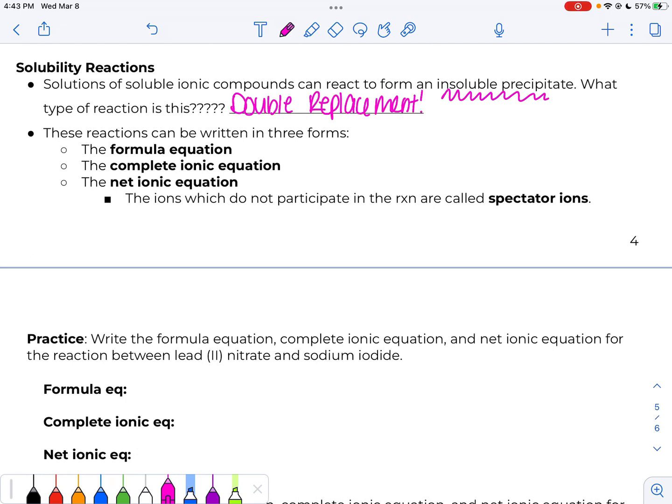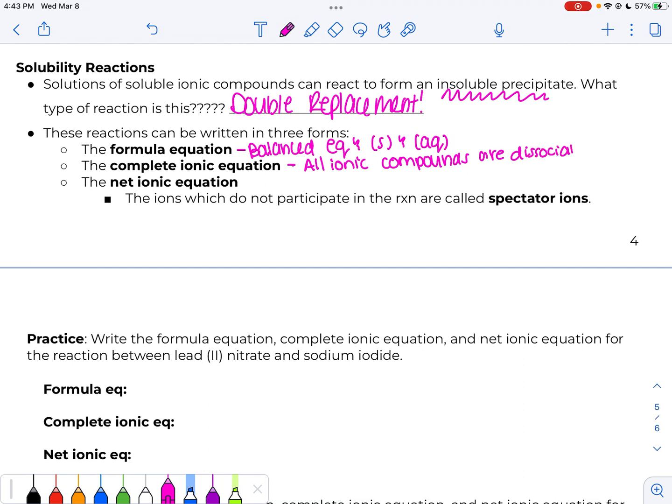So these double replacement reactions can be written in three forms. You've got the formula equation, which is basically just your balanced equation with states of matter, solid and aqueous. Then you have your complete ionic equation, where all ionic compounds are dissociated.